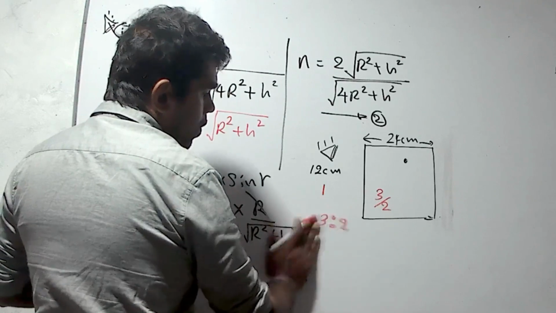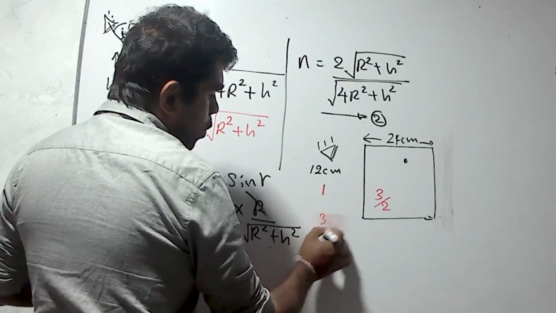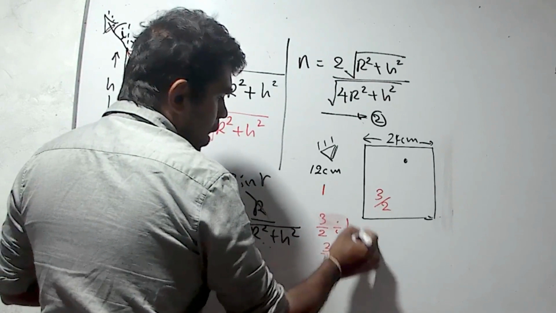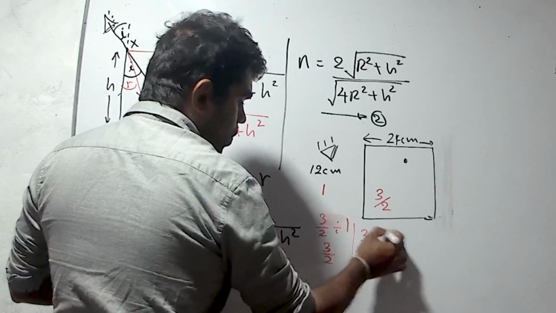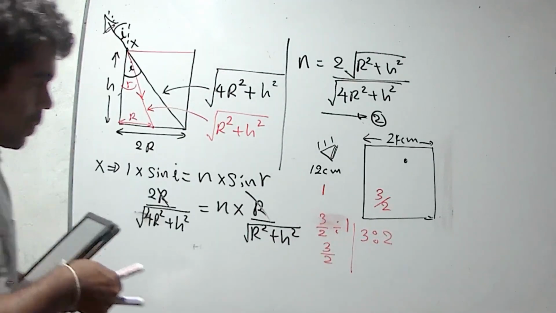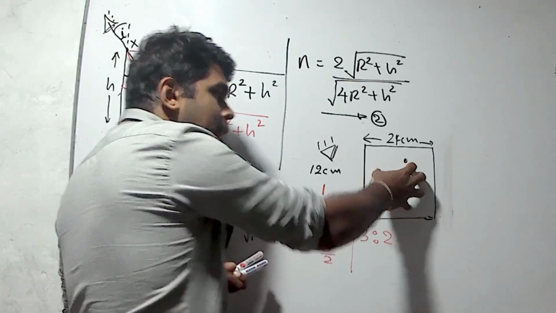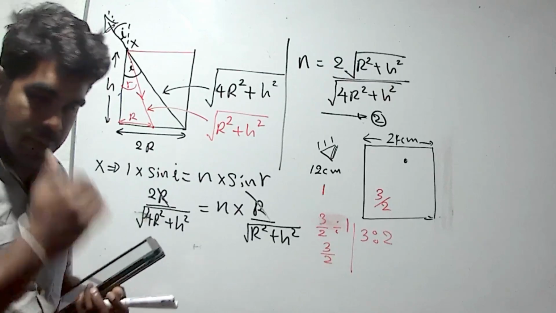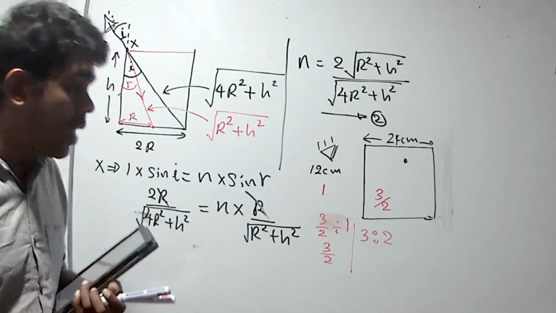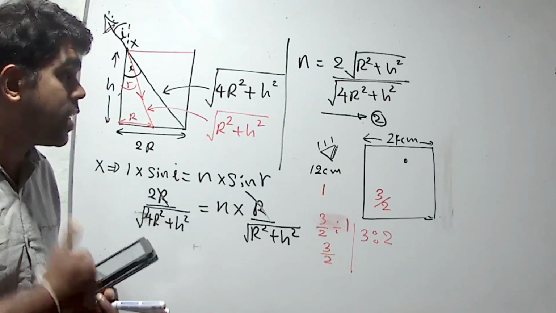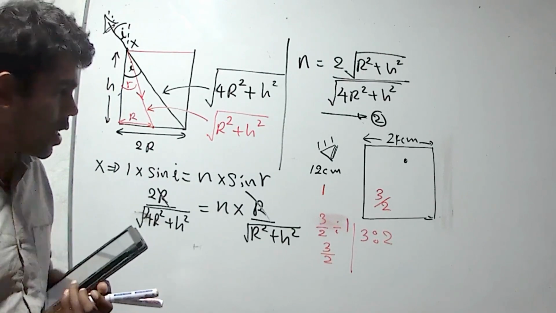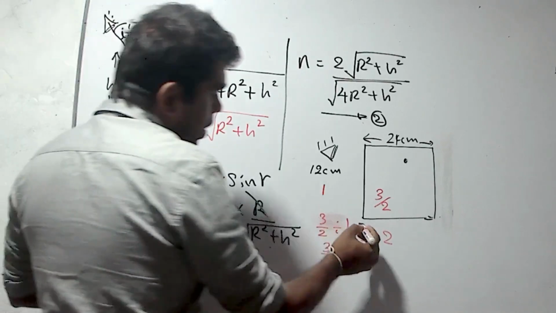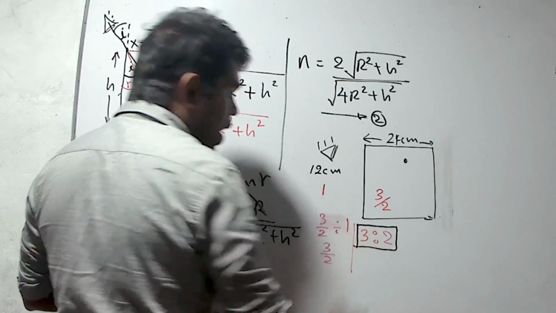We can divide 3 over 2 by 1, then the ratio is 3/2, which means 3:2. We know that this medium is the denser medium and this medium is the rarer medium. When observing an object in a denser medium, the apparent distance is less than the real distance. Therefore, we can get the relationship by using this ratio.